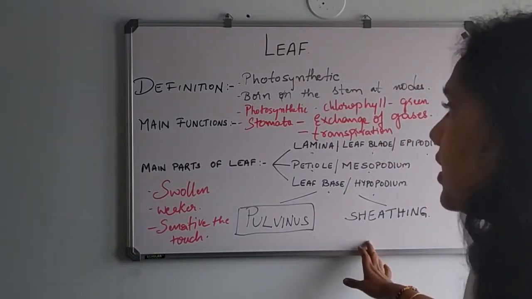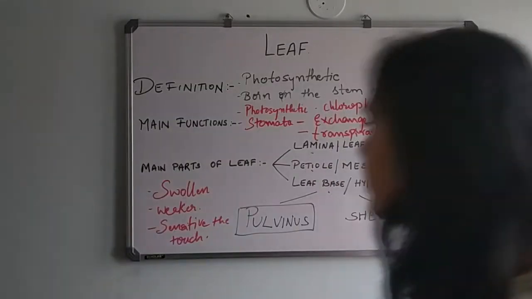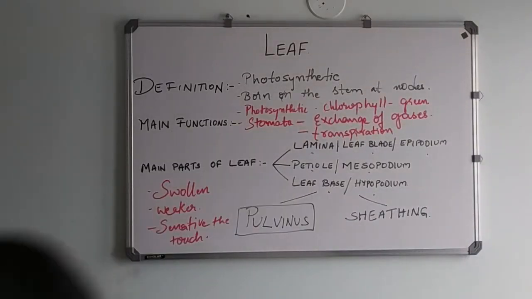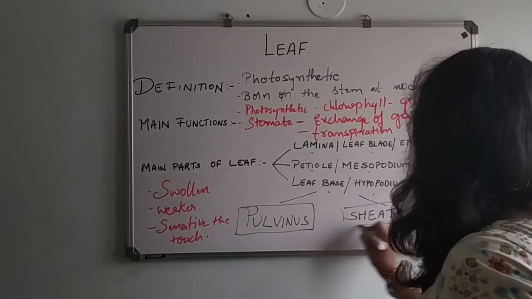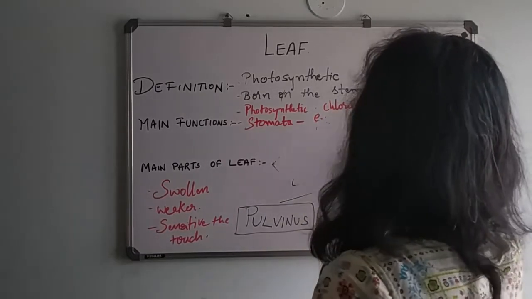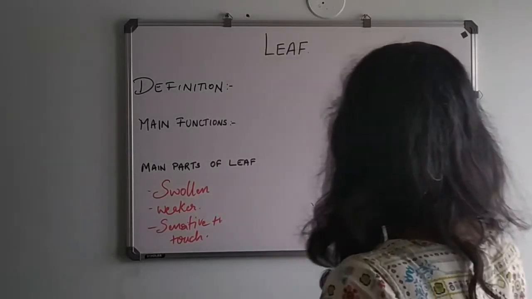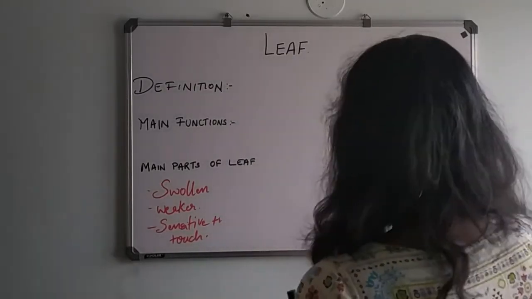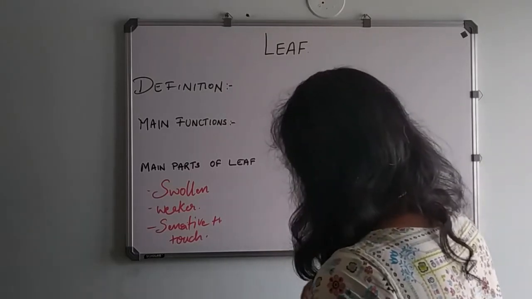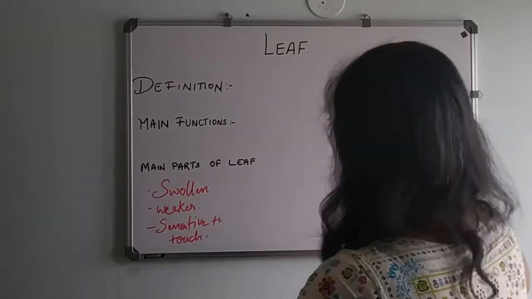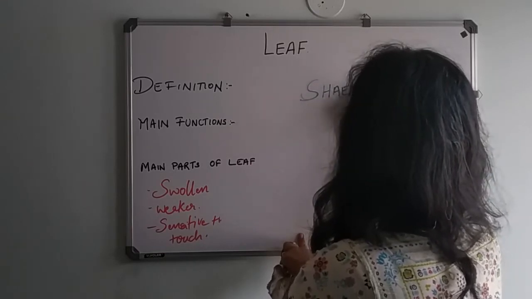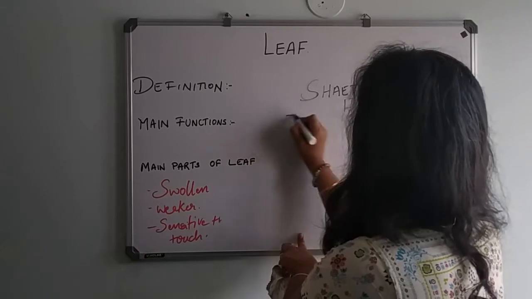Next, coming to the sheathing leaf base. There are again two types in the sheathing leaf base. Sheathing leaf bases are of two types.